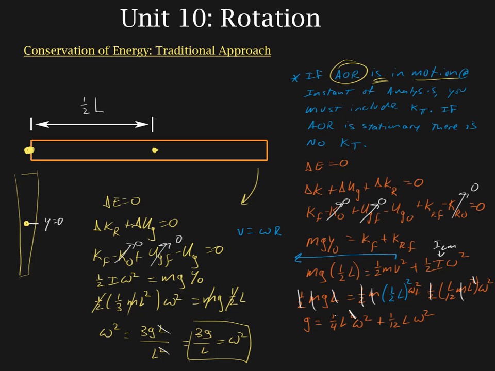All right, so 1/4 becomes 3/12. So we have 3/12 plus 1/12 is 4/12. And 4/12 is the same thing as 1/3. So g is equal to 1/3 L omega squared. And now when I solve it for omega squared, what we get is 3g over L, which is exactly what we got in the previous case, 3g over L.